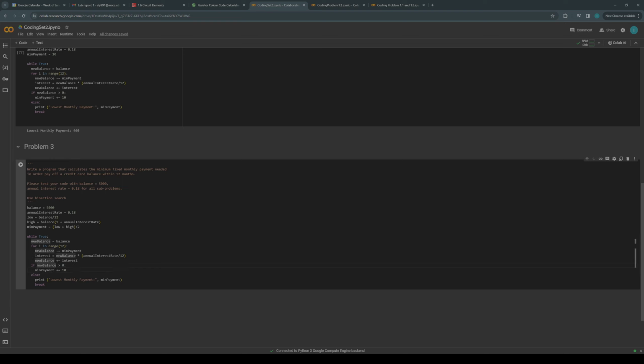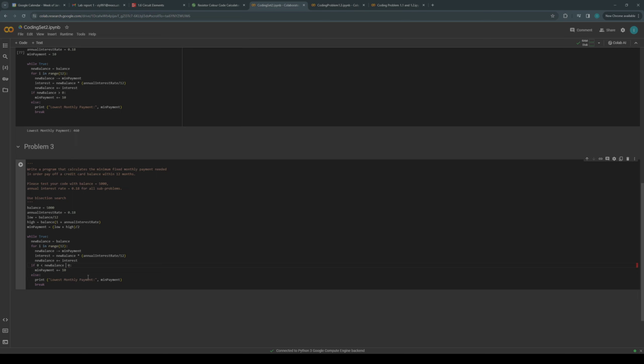Because we're just being correct to 2 decimal places, this if statement is going to change. Because we're squeezing in on the correct payment, we're going to go if 0 is less than our new balance, which is less than, it should be less than or equal, right? I don't know which direction.